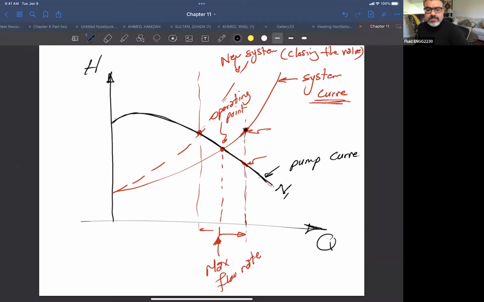Maybe power. Yeah, but you don't change the power in the pump, right? You're not going to give power to the pump. No, the valve is open. Decrease the friction? You cannot decrease the friction.